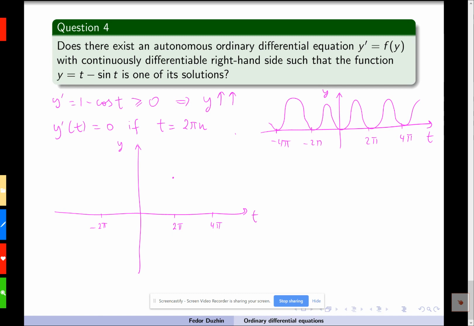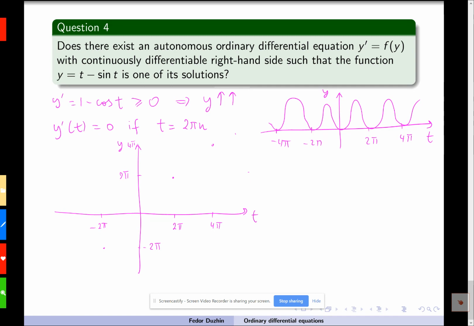We know that if t is proportional to pi, then sine t is 0, so the value of y is just the same as t. So this is 2 pi, this is 4 pi, this is negative 2 pi. Our function goes through all these points.